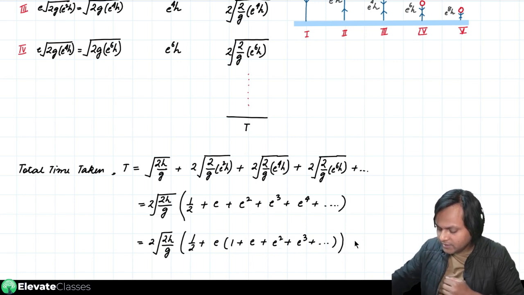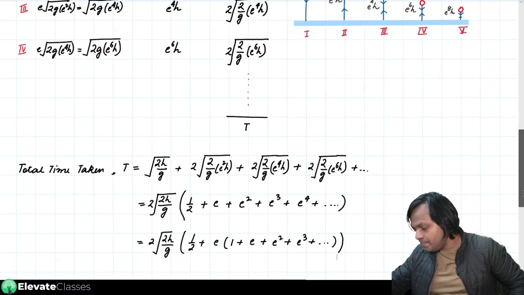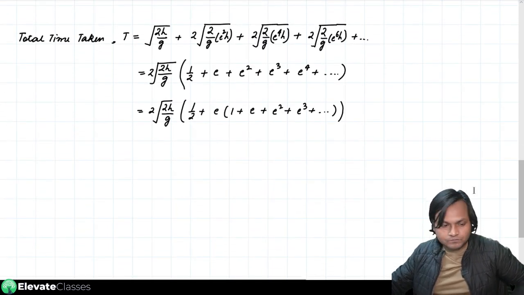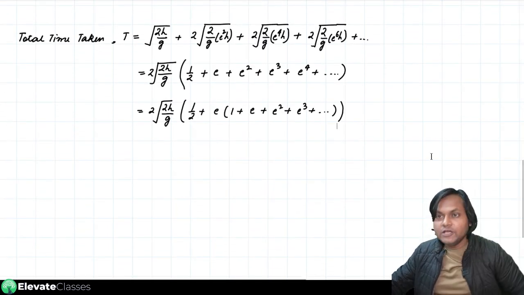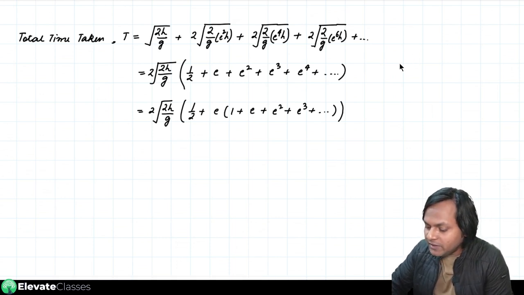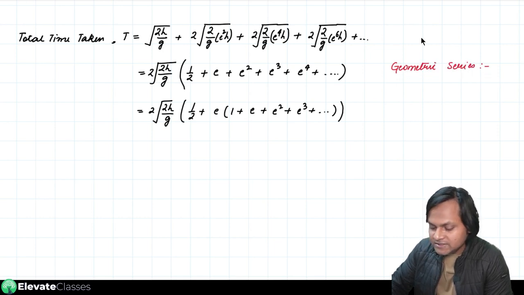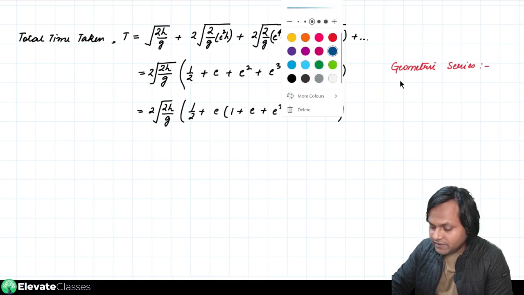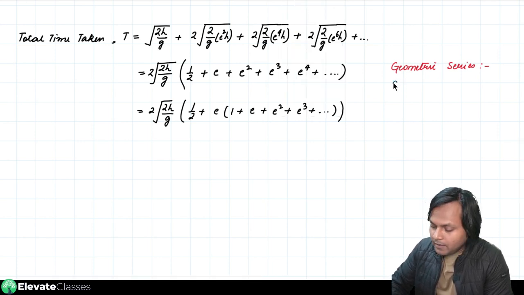So I end up getting this infinite GP. This is essentially a geometric series. Most of you would probably be familiar with the infinite series sum of a geometric series. The geometric series is essentially a series of this form: A plus AR plus AR square plus AR cube and on.